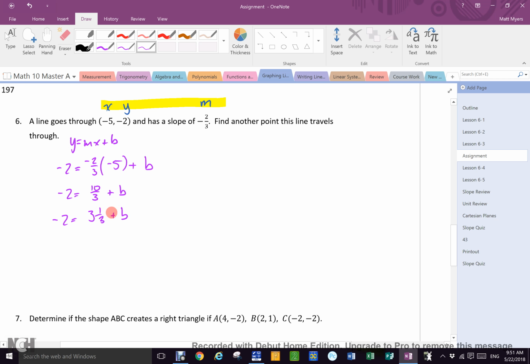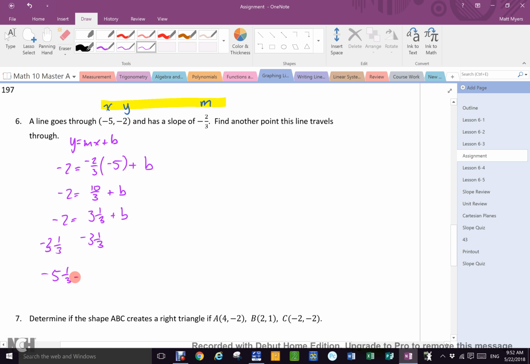What do I do to get b by itself? What do I have to do with this 3 1/3? Minus 3 1/3. Where else? Negative 2. Negative 2 minus 3 1/3. What's negative 2 minus 3? Negative 5. And then another third.